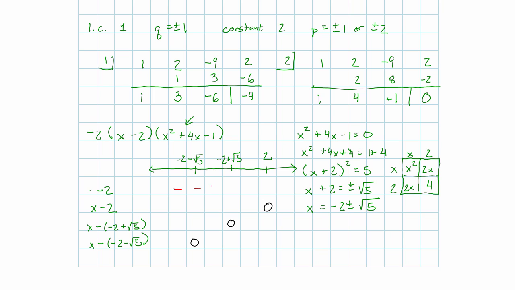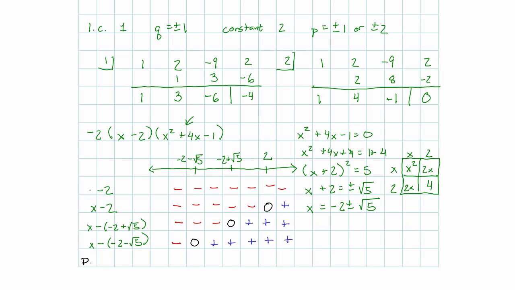Negative 2 is negative always. x minus 2 is negative when x is a small number, and positive when x is a big number. x minus anything is negative when x is a small number, and positive when x is a big number. It doesn't really matter how big these things I'm subtracting from x actually are.